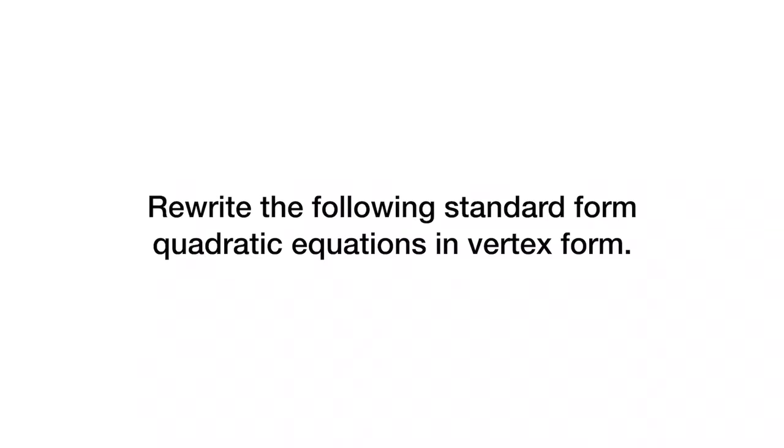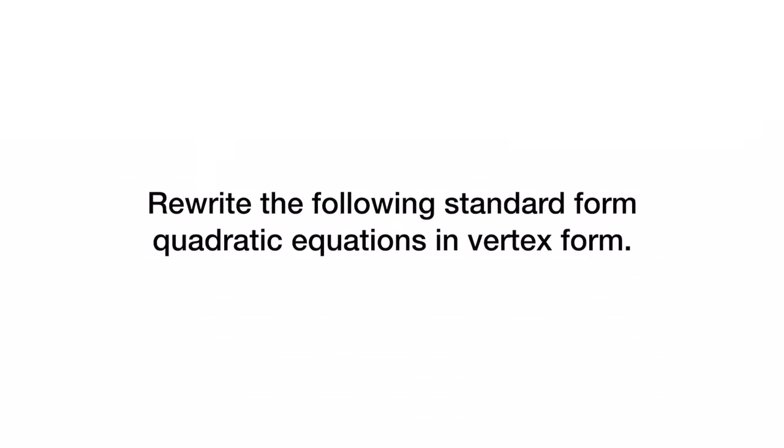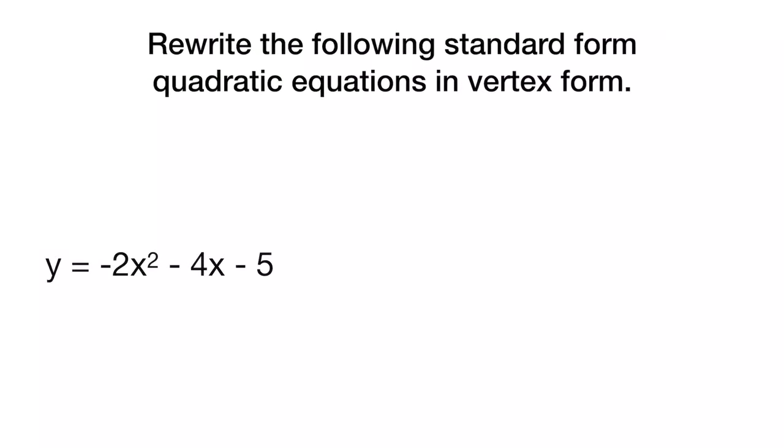All right, we're now going to rewrite the following standard form quadratic equations in vertex form. Here's our first one. y equals -2x squared minus 4x minus 5. So remember, the first thing I need to remember is that x equals -b over 2a.